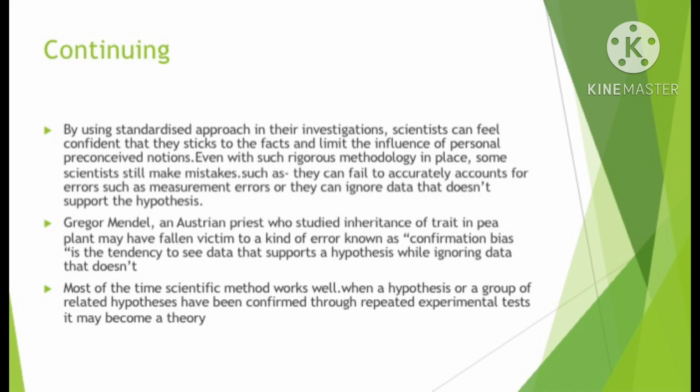When a hypothesis or a group of related hypotheses have been confirmed through repeated experimental tests, it may become a theory. So we know that a theory, once formulated, may change later on with the help of some experimental backup. Education is a social science subject.